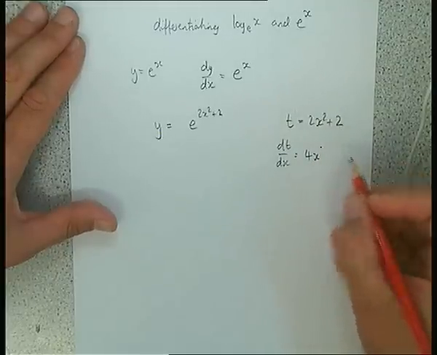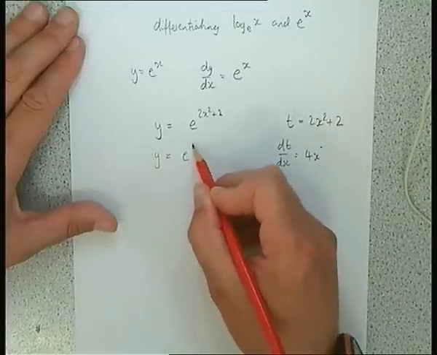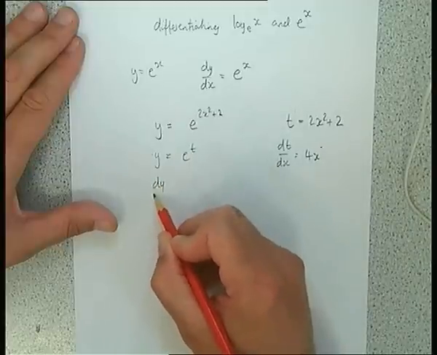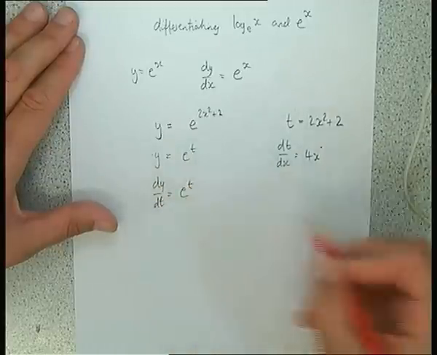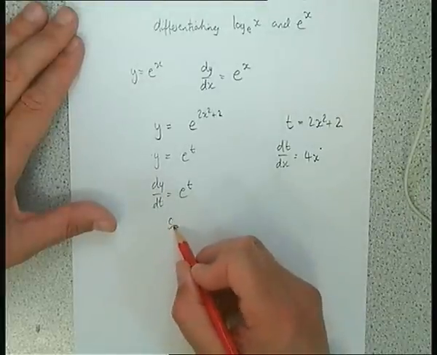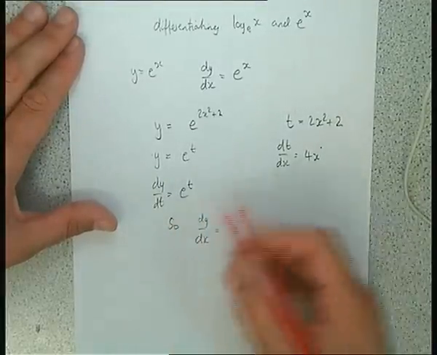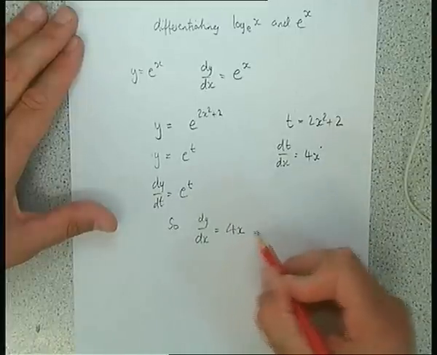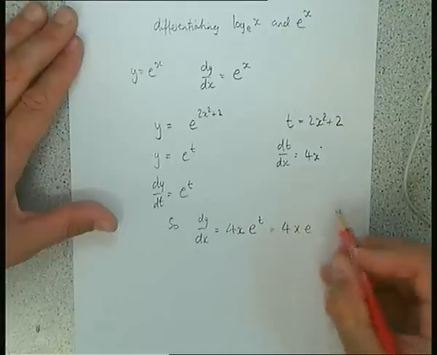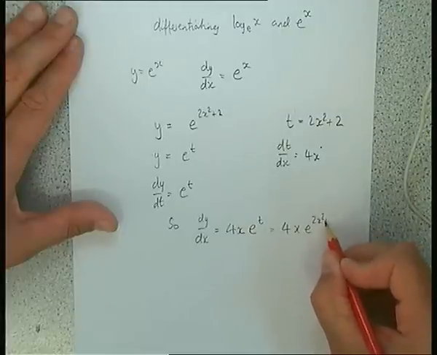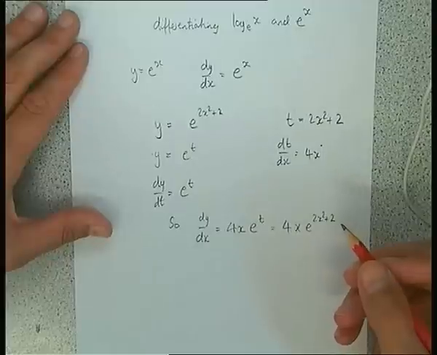Here y equals e to the t, so dy by dt is just e to the t. And so dy by dx is these two multiplied together, so 4x e to the t, which is 4x e to the 2x squared plus 2. It's pretty simple, and you should be able to do most of them like that.